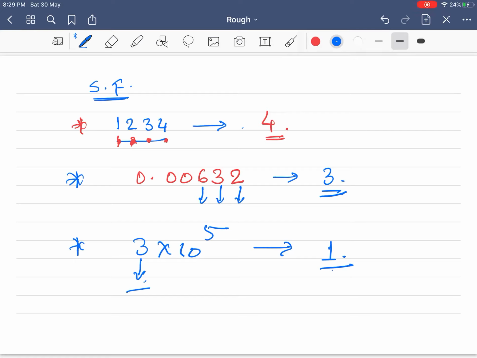In the next video, I'll give you the problems and I'll discuss the different ways of expressing the concentration of a solution and how it can be measured.